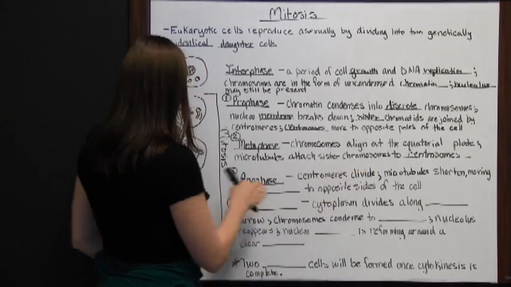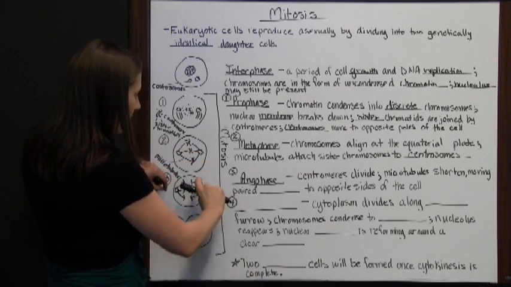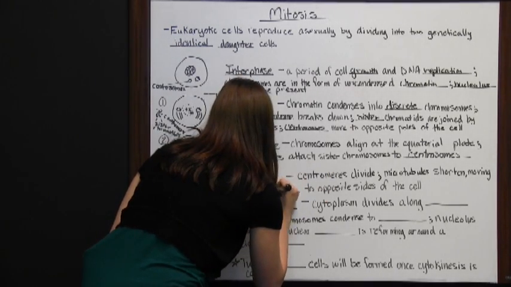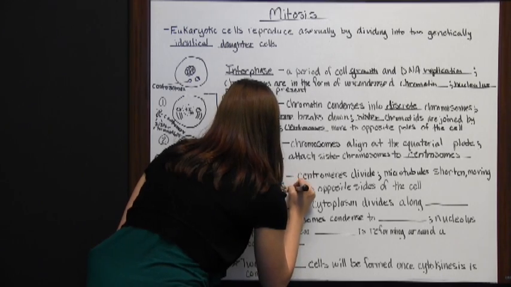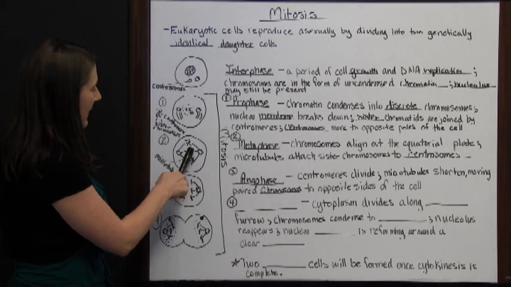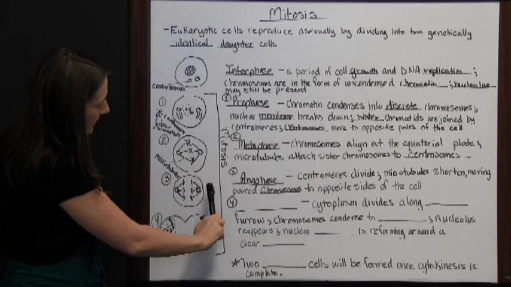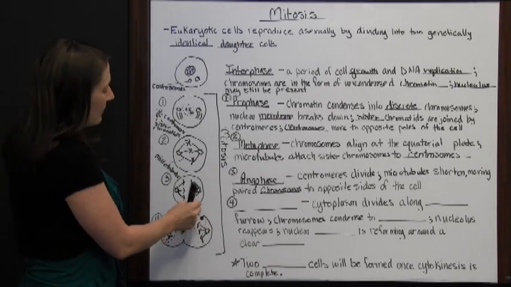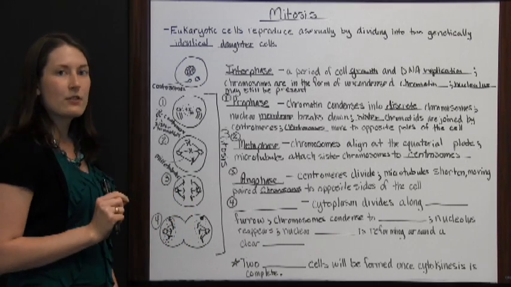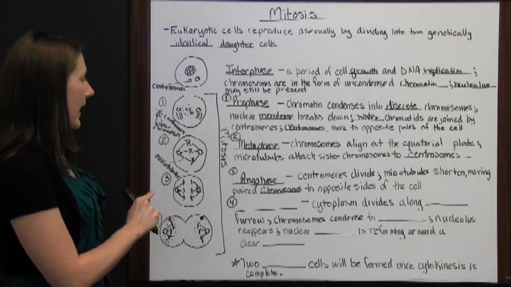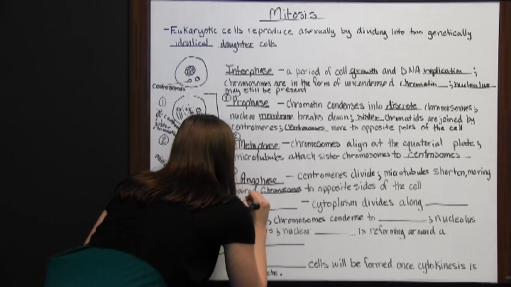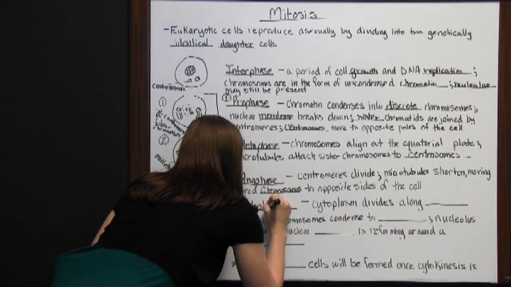The microtubules shorten, so where they're longer, they shorten up, moving paired chromosomes to opposite sides of the cell. So we had these paired chromosomes, and now the microtubules are shortening. They're moving those individual chromosomes over closer to the centrosomes now. And then you're ready for the last phase of mitosis, which is telophase.